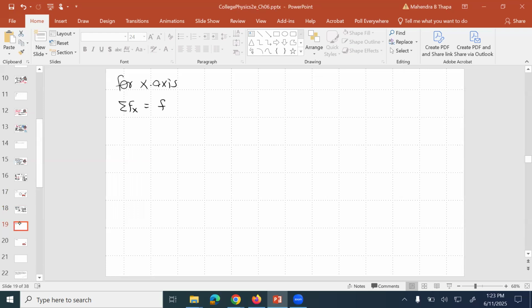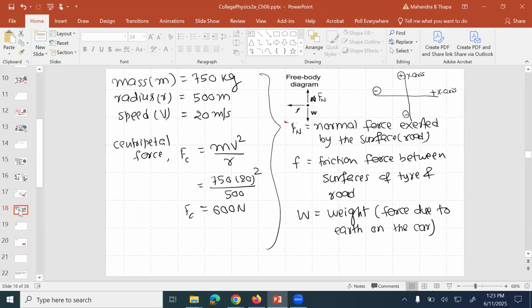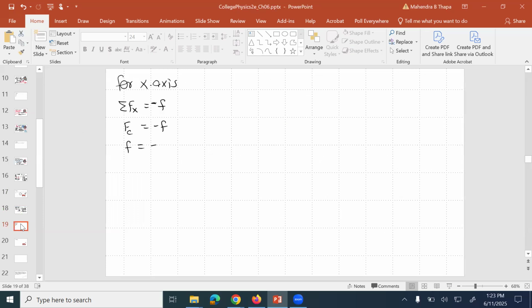So this minus is just because of the coordinate system. So this gives us the net force toward the center. So this is basically centripetal force. So F net equals minus F. So F we can write equals negative centripetal force we already figured out, which is 600 Newton.